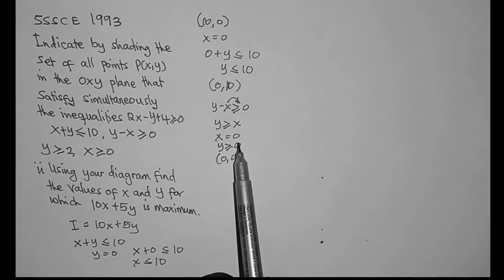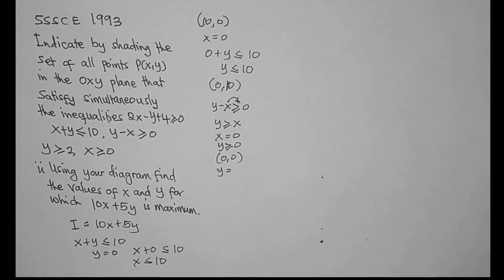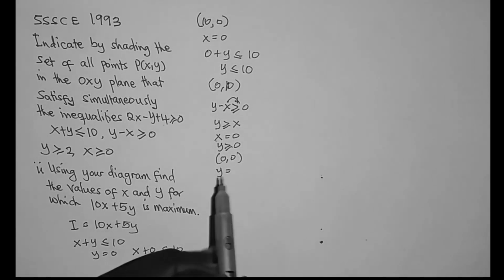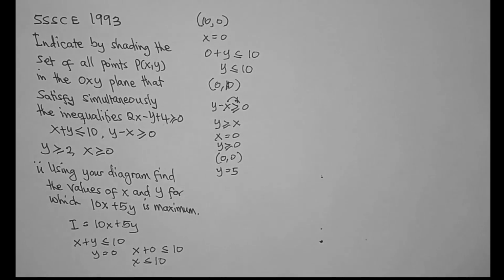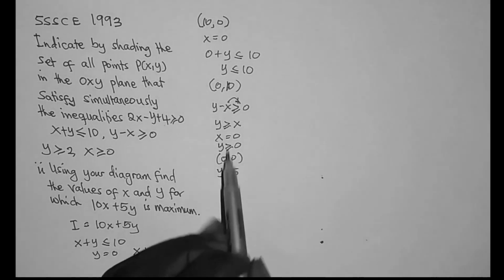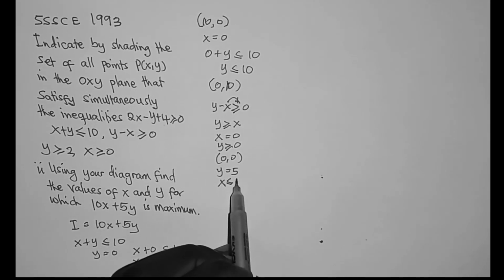Now let's also set the point y equals 5 into the constraint. If we put y equals 5 here, you see that x is less than or equal to 5.